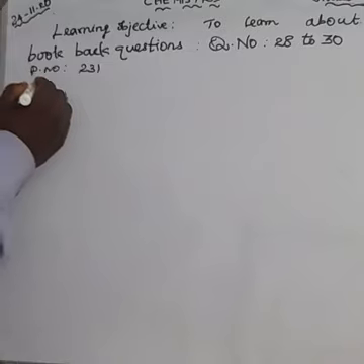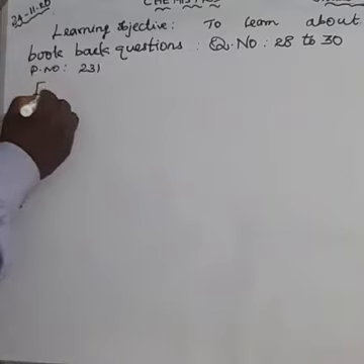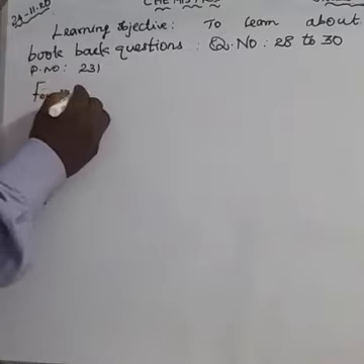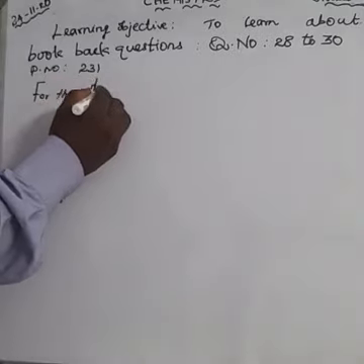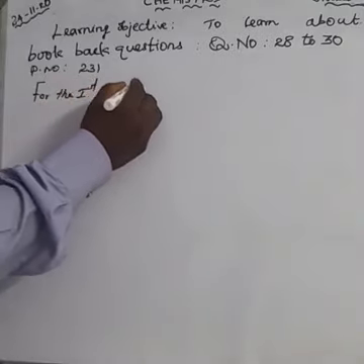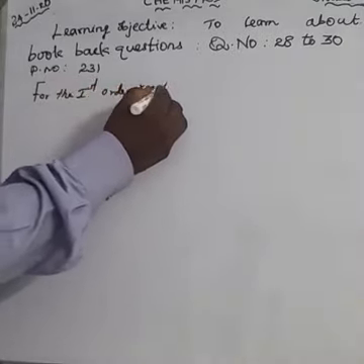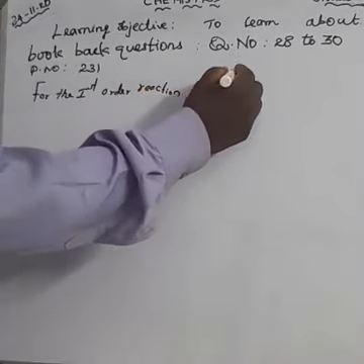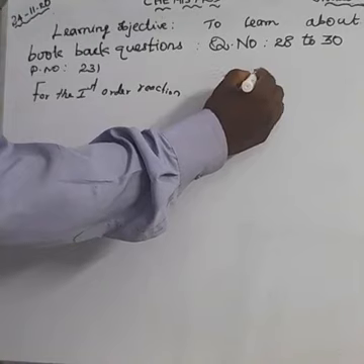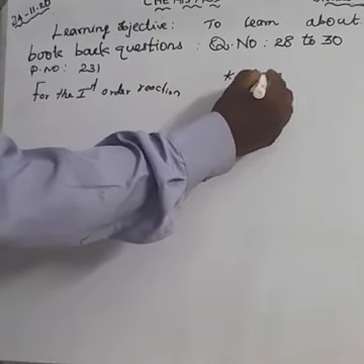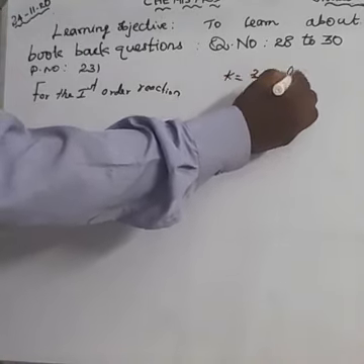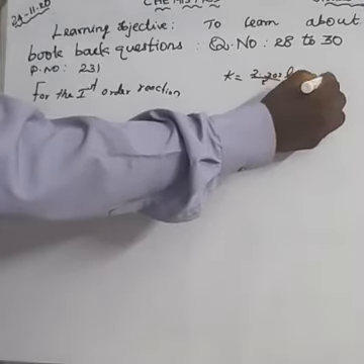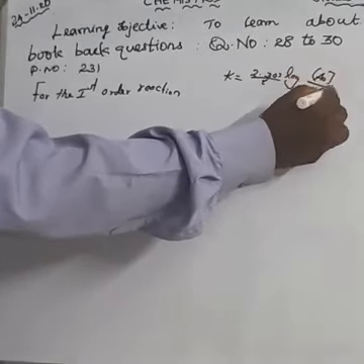For the first order reaction, the formula you should write. What is the formula? K is equal to 2.303 by T log A naught by A. This is the formula.